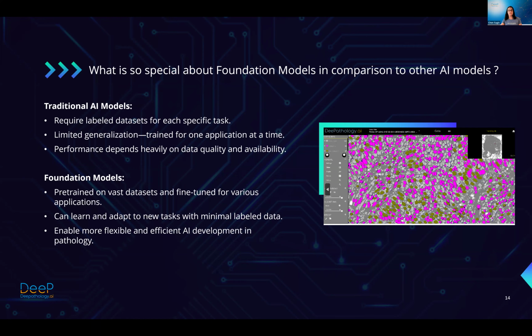Foundation models, to start with, are trained on a lot of data, and therefore they are much stronger in scalability. And this is super important. A foundation model should allow us to use it for many downstream tasks.